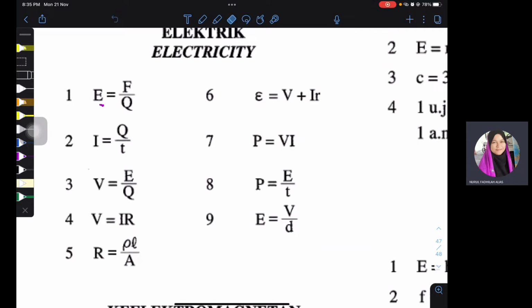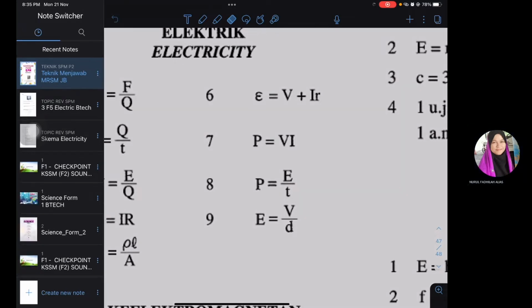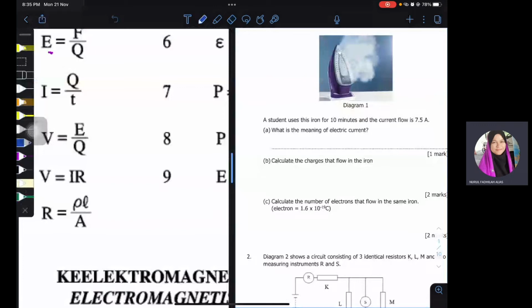So for this question, we can use the formula. In the exam, you have to make sure you know which formula can be used as the definition. So for this, I equals Q over T. What is I? I is the current. So current is Q over T.